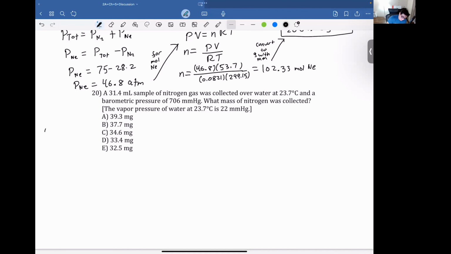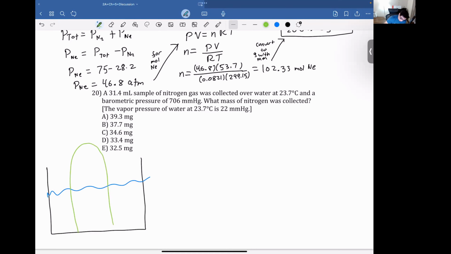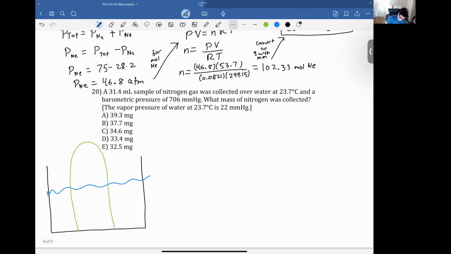So for this one, the way this is set up in a lab, just to simplify it, you have some tube, you have some bubbles, you have N2. This is too small, I'm going to enlarge this picture. So you have some reaction happening that's creating nitrogen gas.